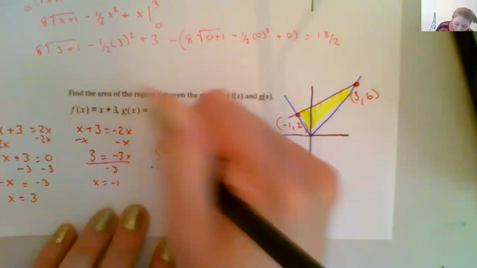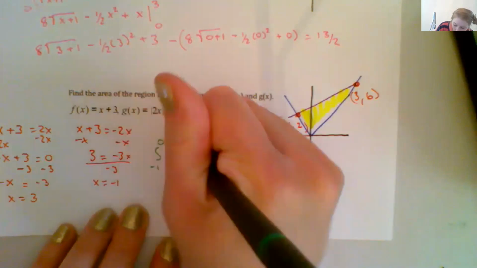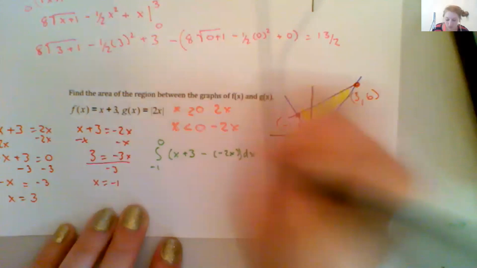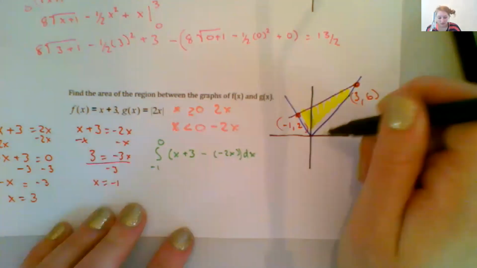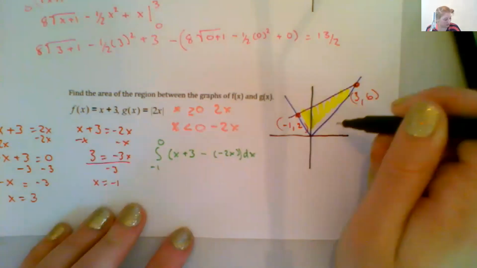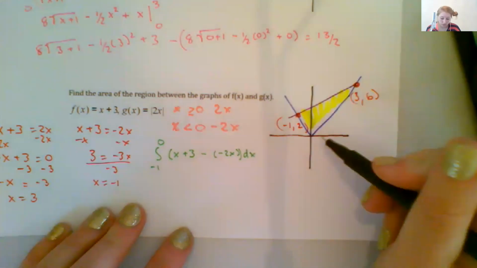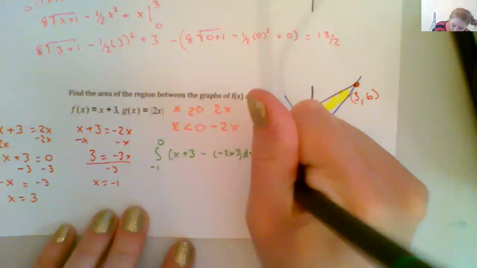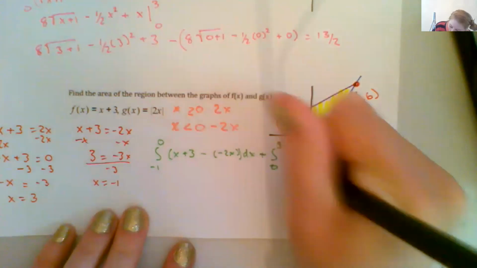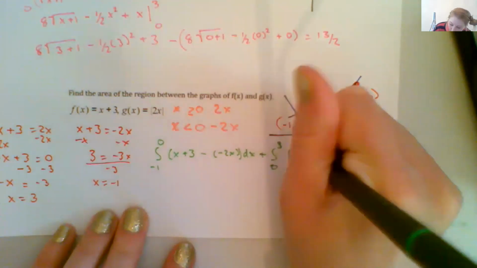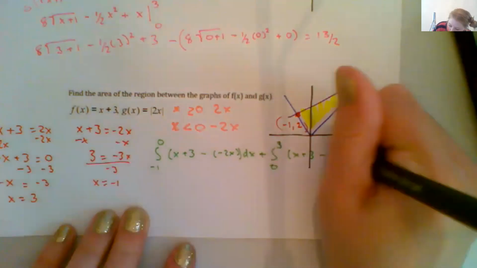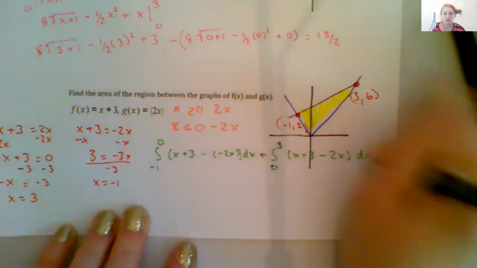So that's gonna be x plus 3 minus -2x. Okay, now we have to deal with this section. Okay, so for this section, we're going from 0 to 3. And we're still going to have x plus 3, but this time we're going to have the positive 2x, so minus positive 2x. Okay?